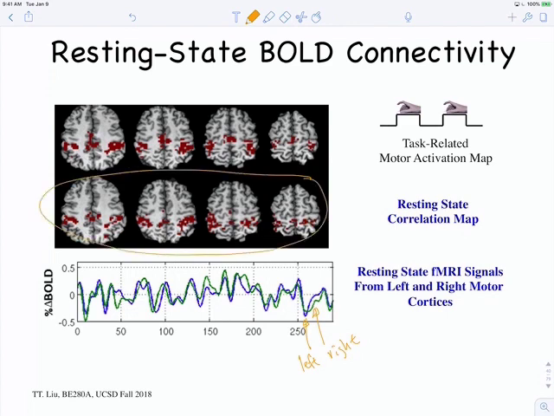Okay? And these maps look very similar to the maps on top, which were obtained when someone was actually tapping their fingers. Okay. So the observation was that the brain at rest is already functionally organized, and things that are going to be activated together when you're doing a task are already talking to each other even when you're not doing a task.